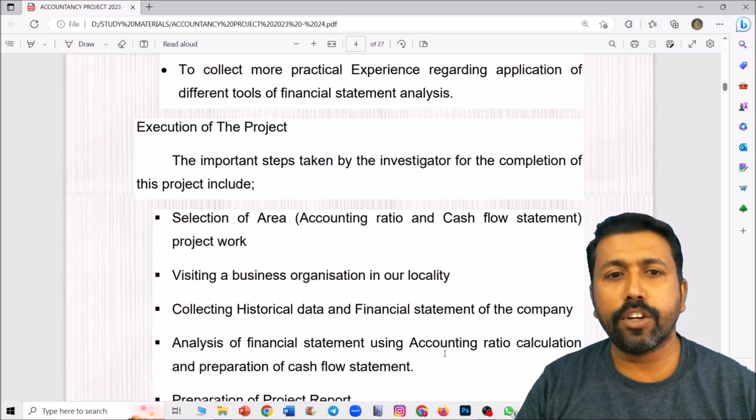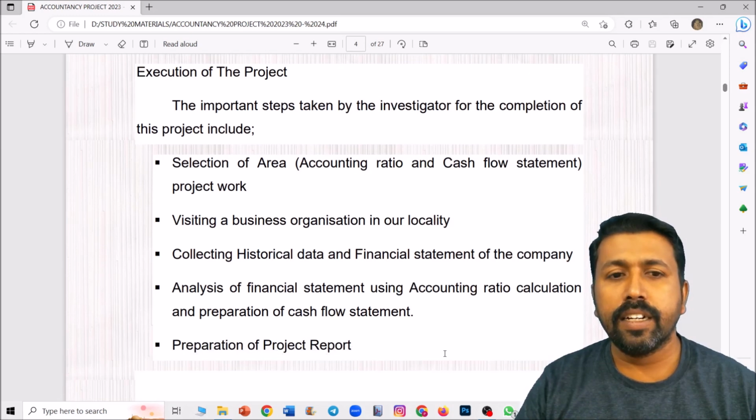So how the data was collected and how it was executed, that is coming under the heading execution of the project. Please remember that is one of the important headings also, execution of the project.